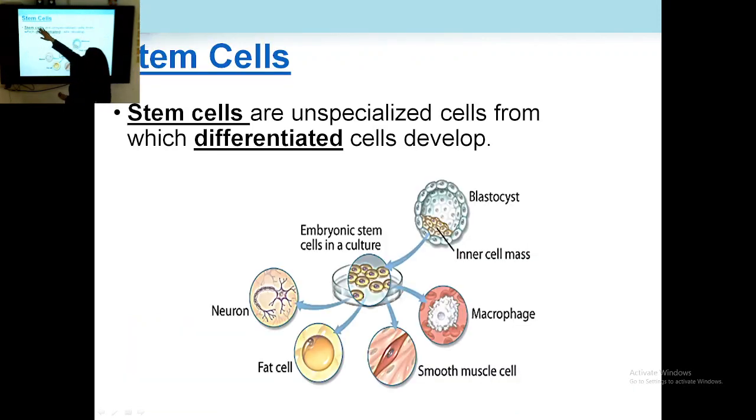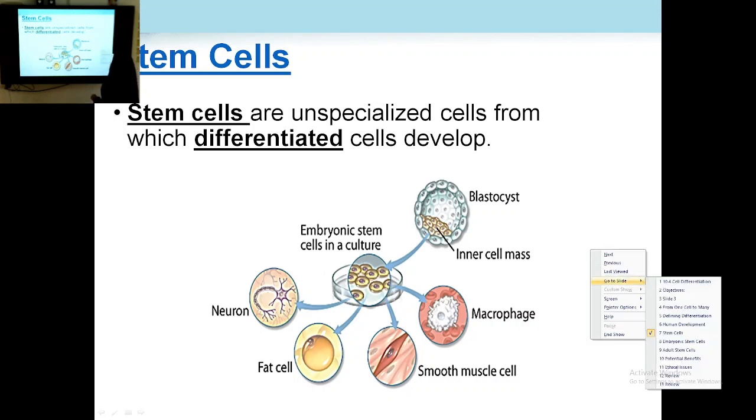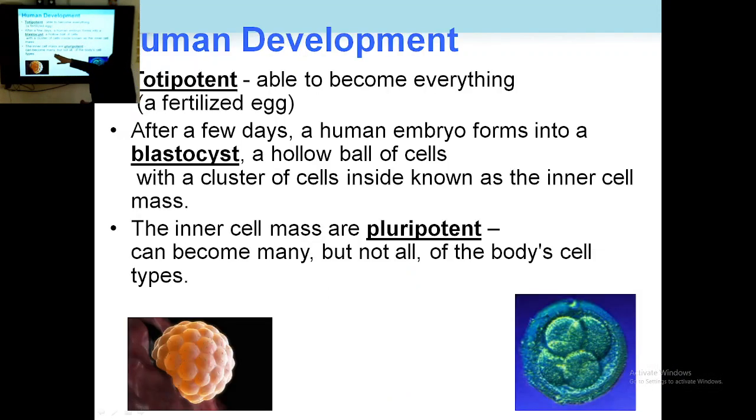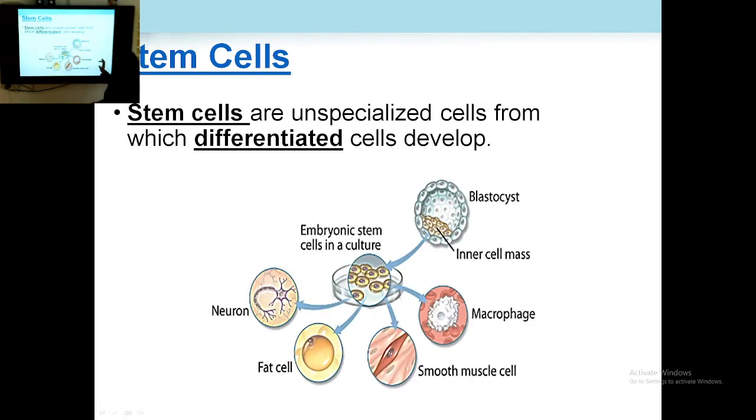So the totipotent cell, after a few days, will form a blastocyst, which has an inner and an outer part. The inner part is called pluripotent, which can become many, but not all, types of the body's cells, okay?